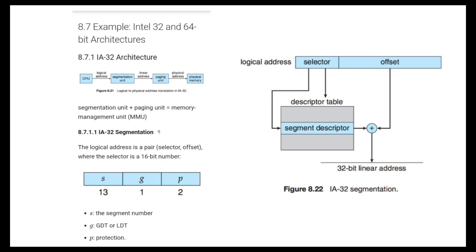The CR3 register points to the page directory for the current process, as shown in Figure 8.23 below.